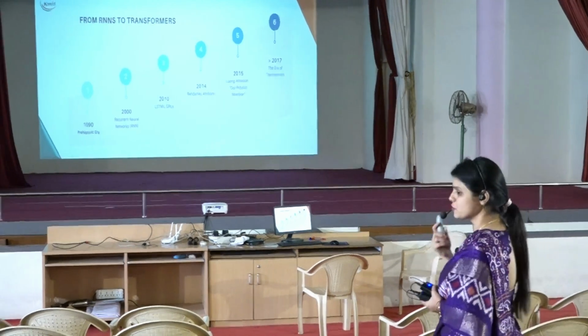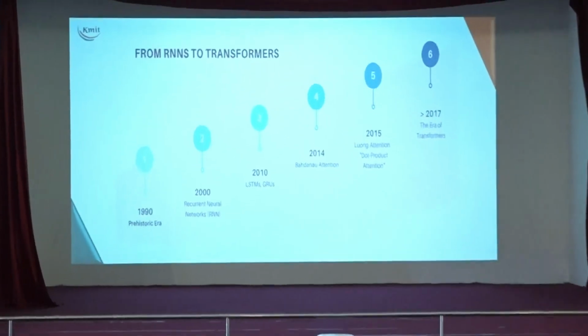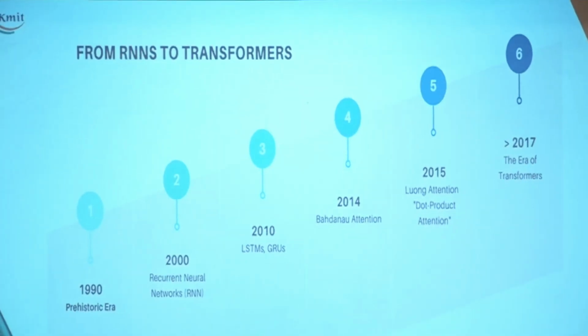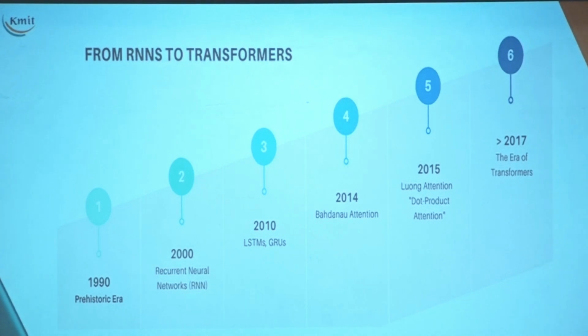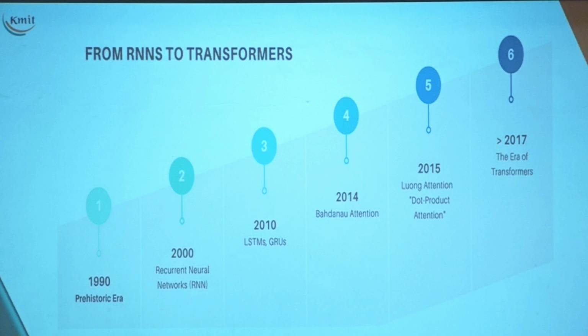This picture we have already seen. Starting from the 1990s, first we have RNNs, LSTMs, GRUs, then the basic Bahdanau attention, then dot product attention and scaled dot product attention, which we discussed in the last sessions. Using that, the revolution of transformers started developing since 2017.